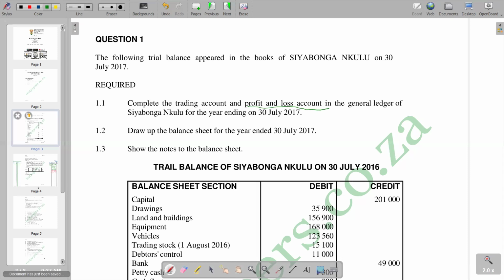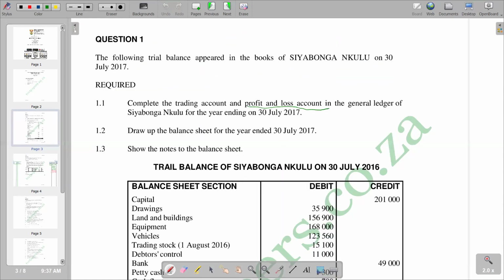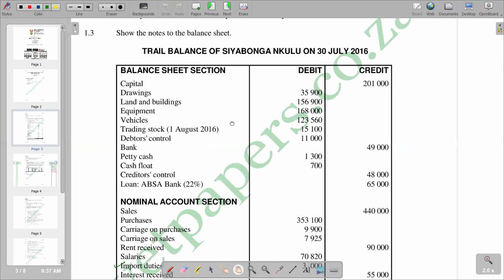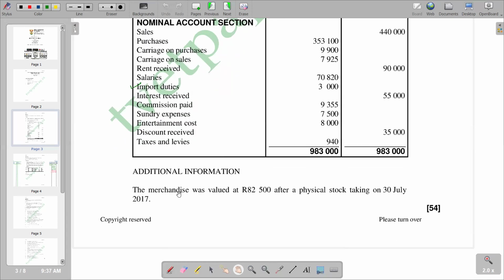So we go to our answer section and see that we are given this problem, also given the trial balance of Siyaboga Nkulu in terms of the debit column and the credit column. And we've got additional information, which is that the merchandise was valued at 82,500 after a physical stock taking on 30 July 2017. Although this amount is supposed to be adjusted in the trading account.